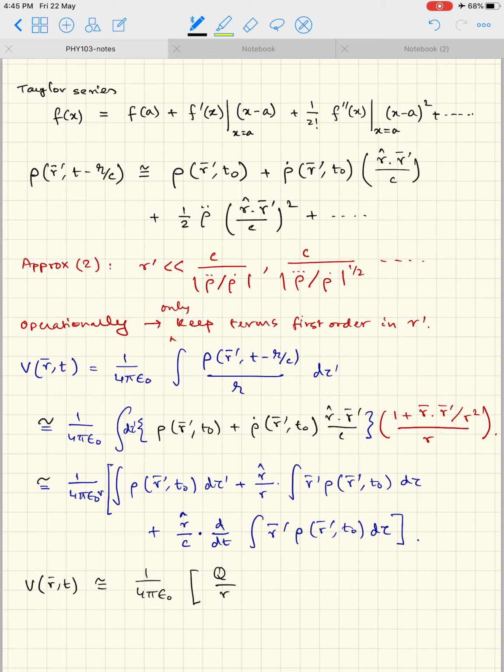So this is very simply plus r dot p at t naught by r squared plus r dot p dot at t naught by r into c. Okay, so that's that.